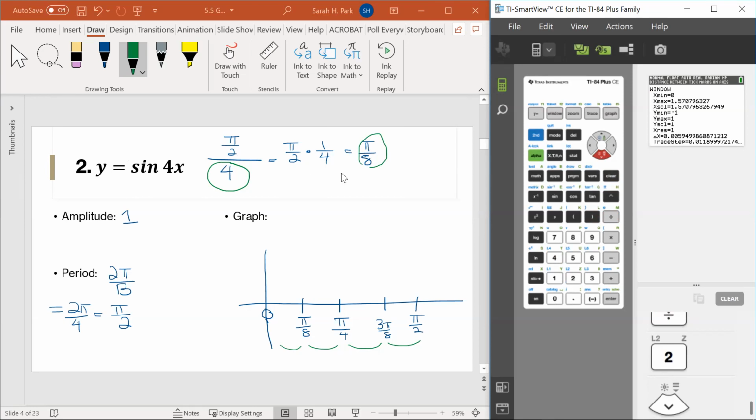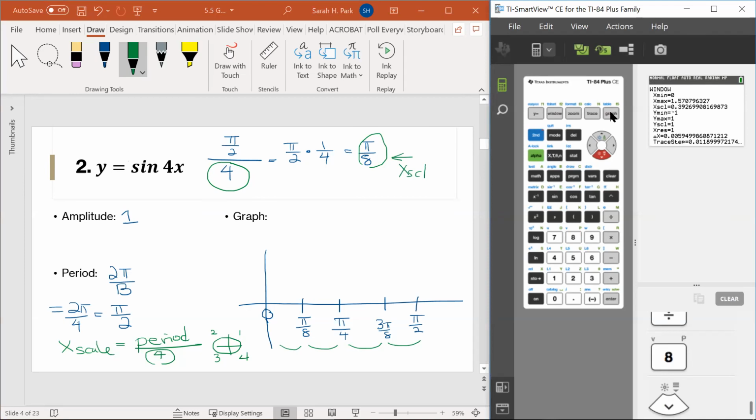It's the period divided by 4. Let me write that down here. Your x scale is your period divided by 4. Where that 4 comes from is, if you think about the unit circle, it's divided into 4 quadrants. So we take the period and divide it into 4 parts. This is your x scale for this problem, so it's pi over 8.